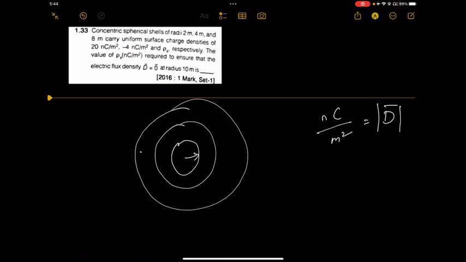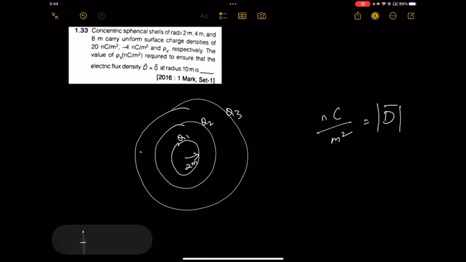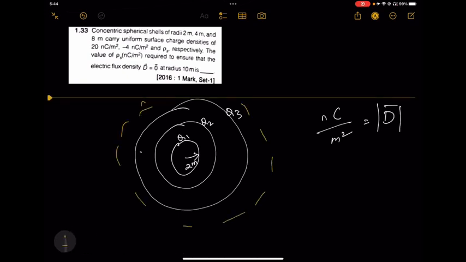So this is the 2 meters, and the charge on these is, let us say, q1, q2, q3. The question they have asked is, if you try to enclose a 10 meter sphere, the electric flux there should be 0.